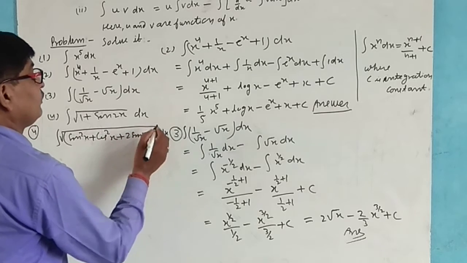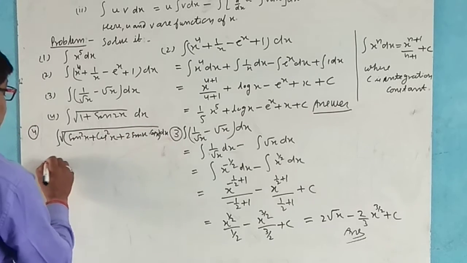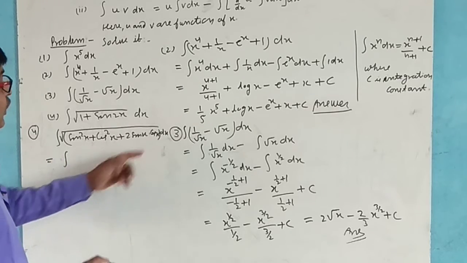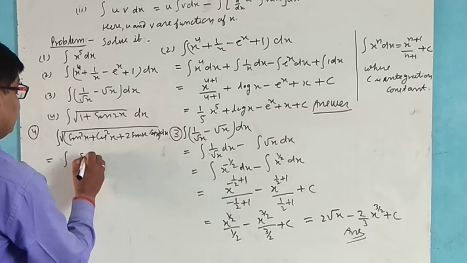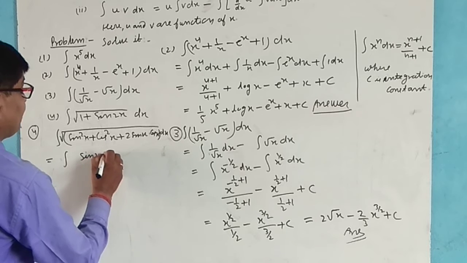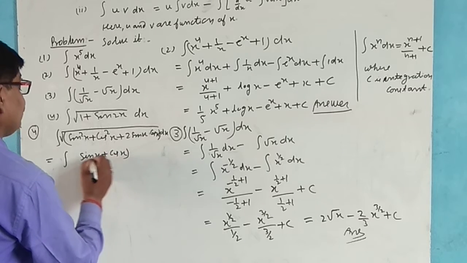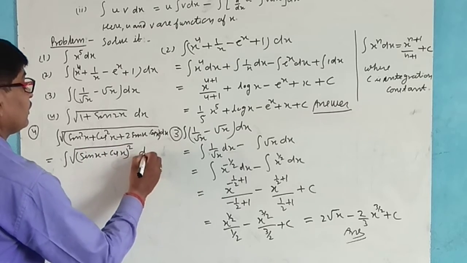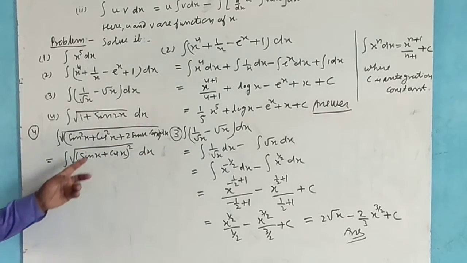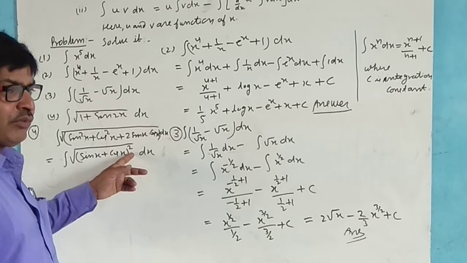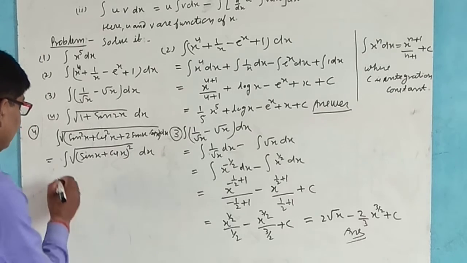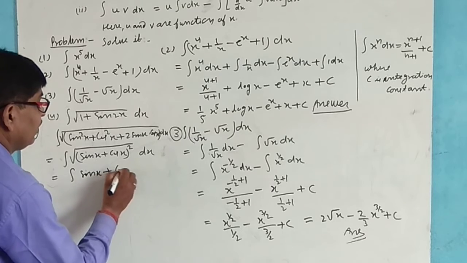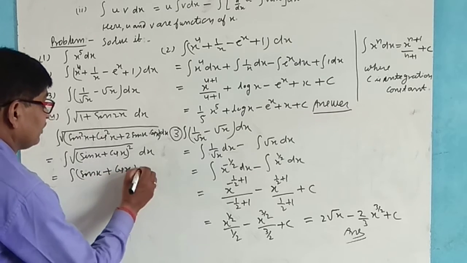Now a square plus b square plus 2ab can be written as sin x plus cos x to the power 2 under root dx. Now the under root cancels with the help of the square quantity. This can also be written as integration of sin x plus cos x dx.